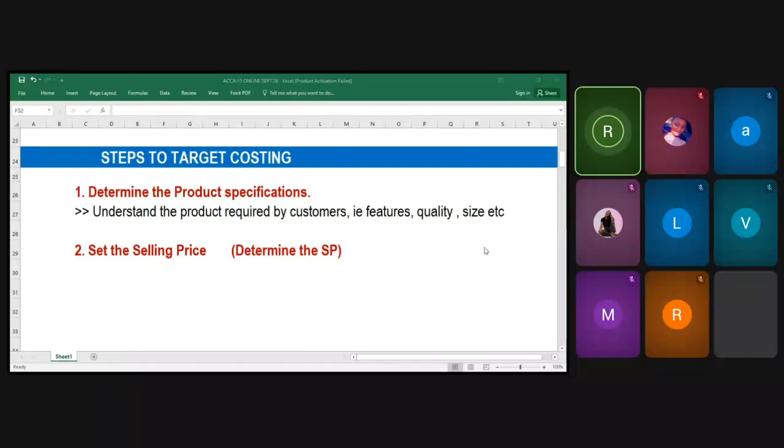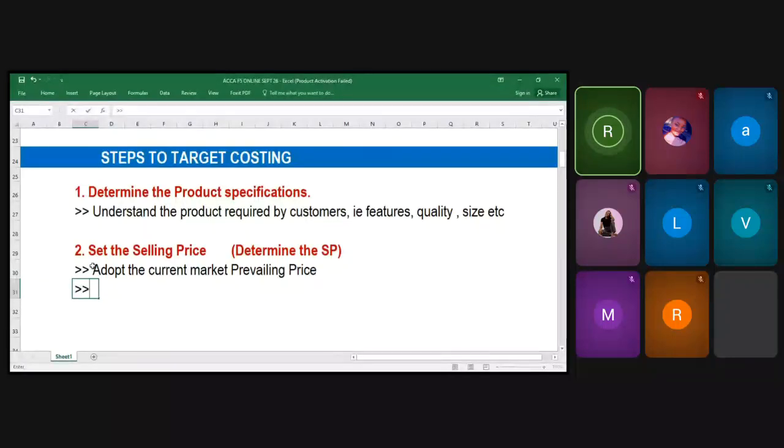Now, as we have discussed earlier on, the selling price that we are going to set is not the price that we ourselves think of or determine or come up with. We are saying adopt the current market prevailing price. So if we are to sell our product, we don't have influence over pricing.